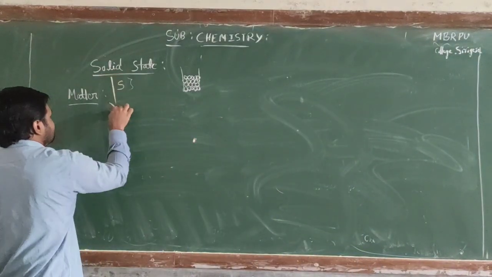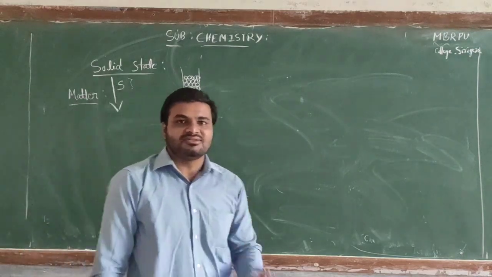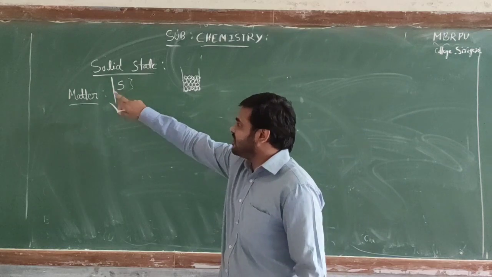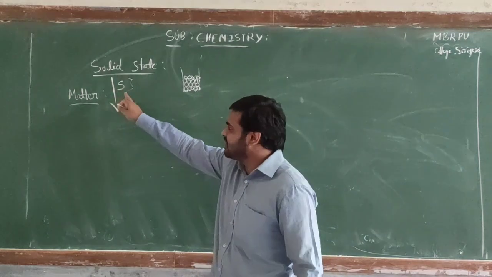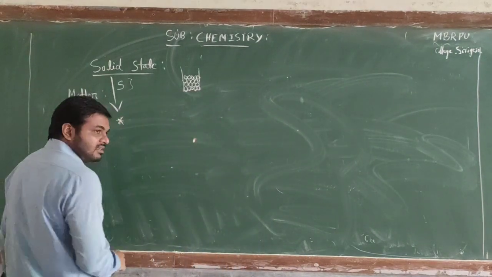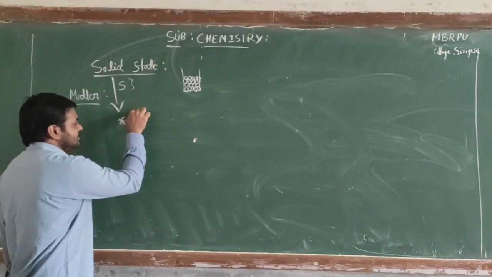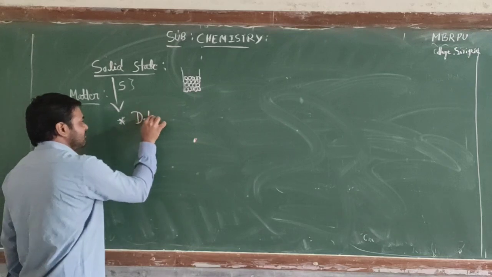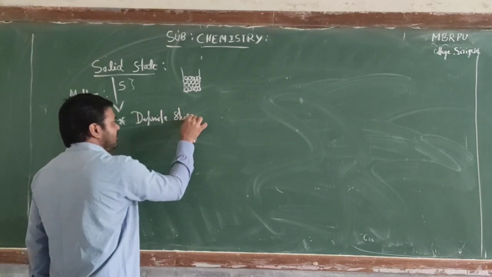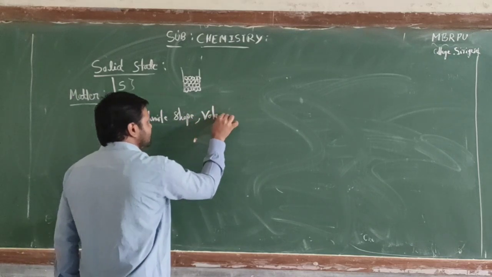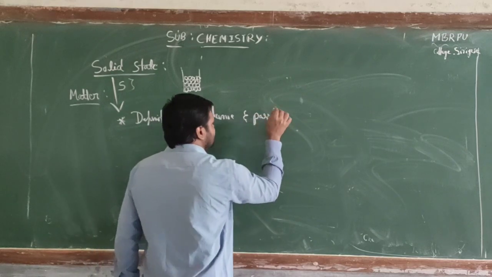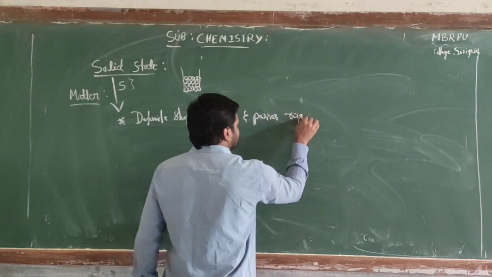Okay, solid. What's the meaning of solid? Yes, this is one of the forms of matter, or one of the states of matter, having a definite shape, volume and possessing rigidity.